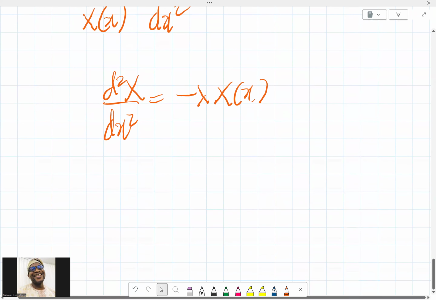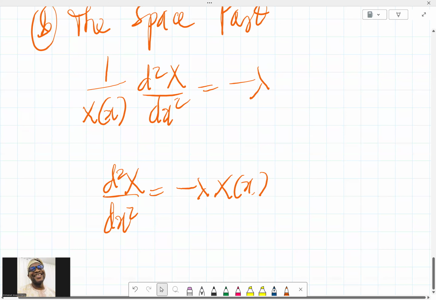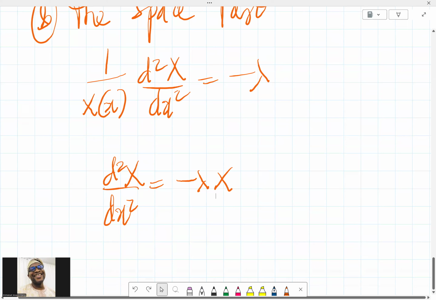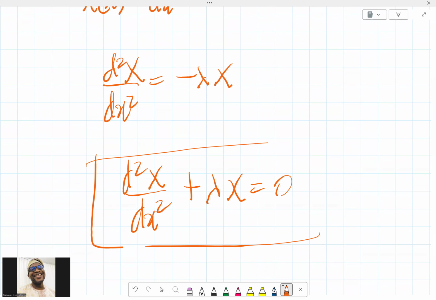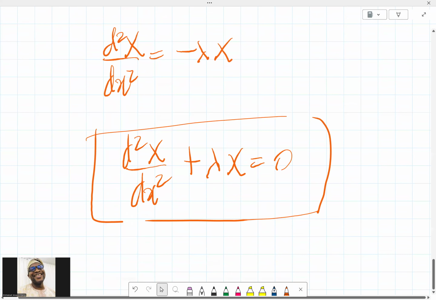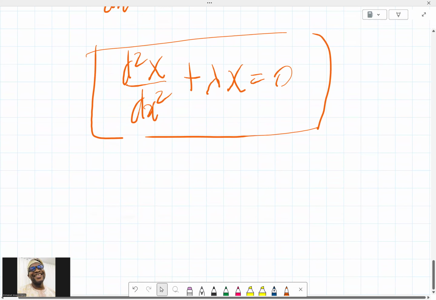And that is the same thing as, we can get rid of the (x) now just to make things easier, d squared X/dx squared plus lambda X equals 0. So this is the space part now. It's time and space, so we have those two.